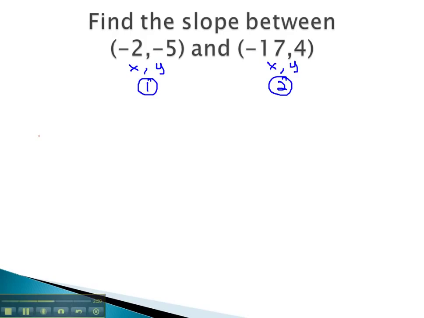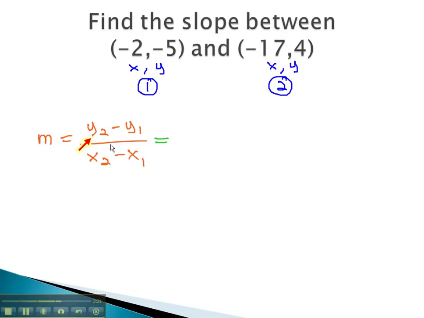So when we have the equation m is equal to y2 minus y1 over x2 minus x1, we simply have to plug in the points we found.